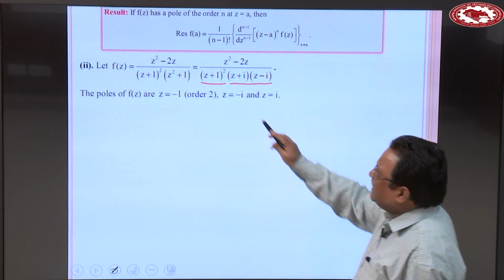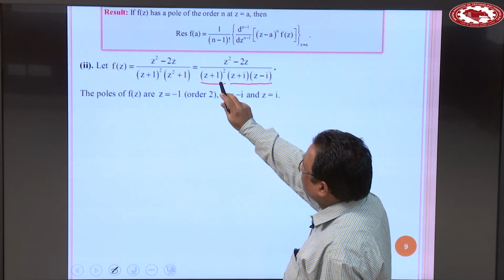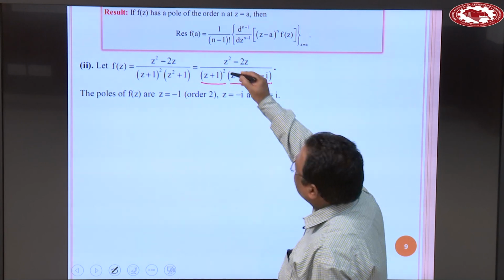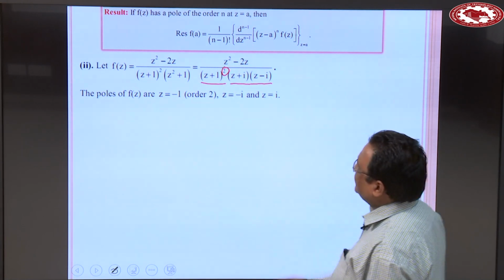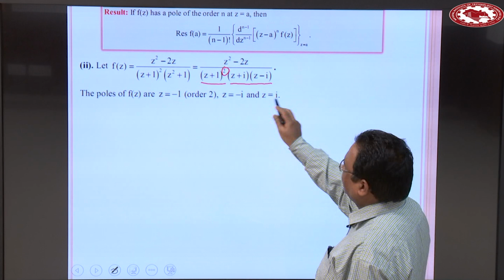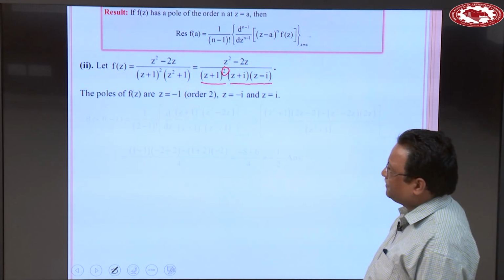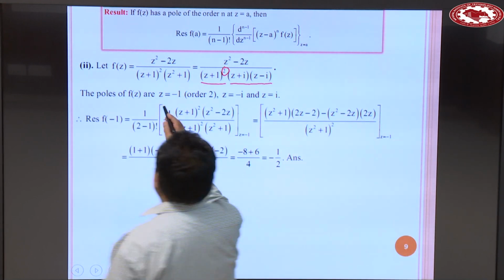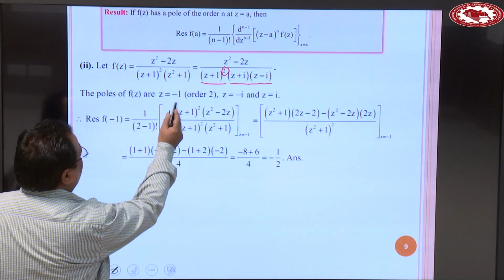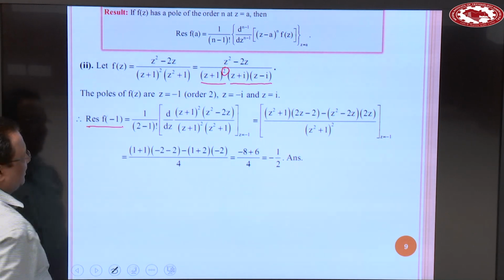Okay, so here we have z = −1 is a pole of order 2, clear, and z = −i and z = +i, we have two more poles of this function. Okay, so calculate residue at z = −1. So residue f(−1), calculate this one.